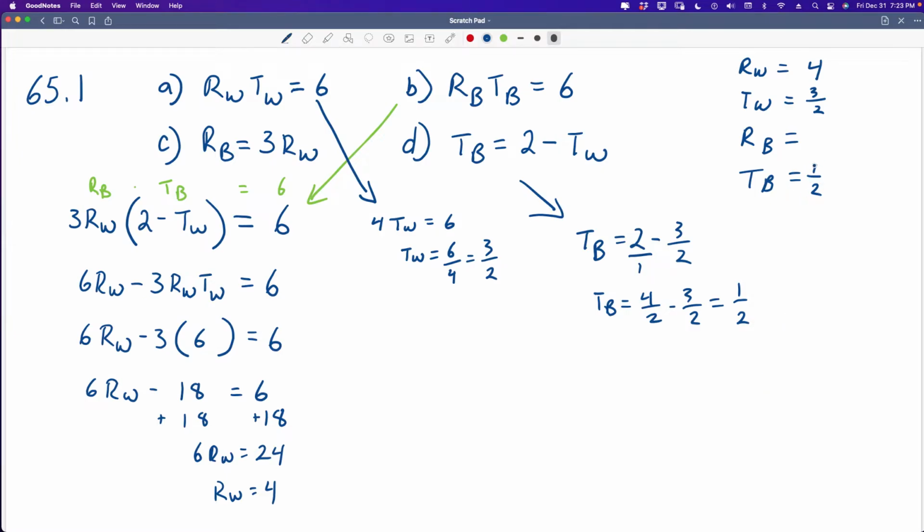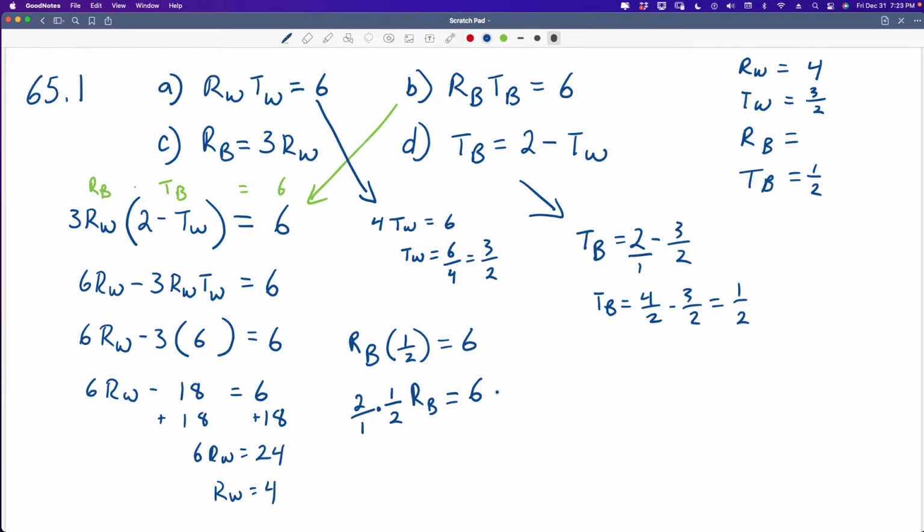Now that I know what TB is, I can solve for RB. So RB times 1 over 2 is equal to 6. Right? So how do we get rid of a fraction? So first let's write this the right way. 1/2 times RB. What do we do to get rid of a fraction with a variable? We multiply both sides by the inverse.